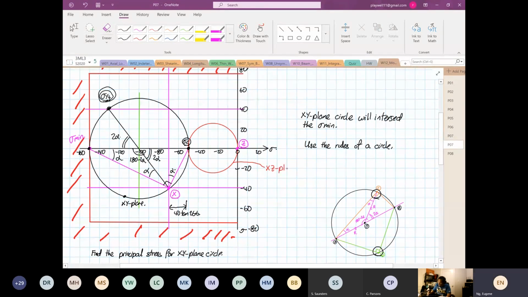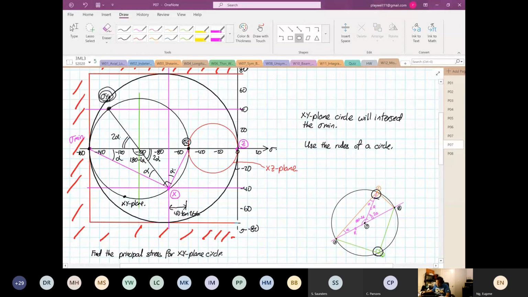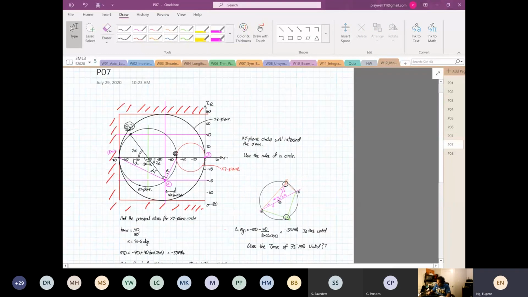It is your XZ plane. And then you construct your final circle. Okay, this is your final circle, and this is your YZ plane.